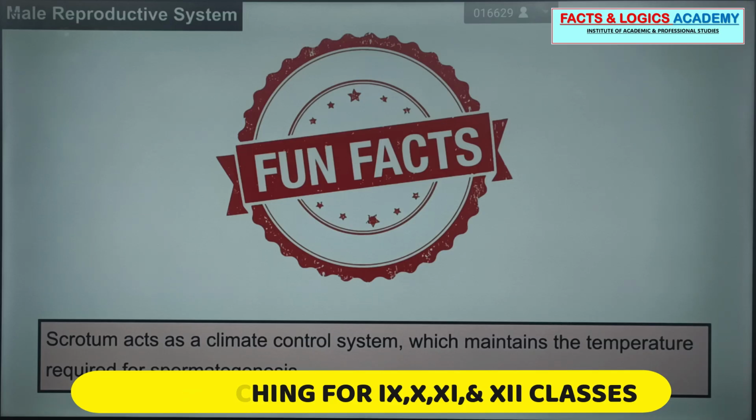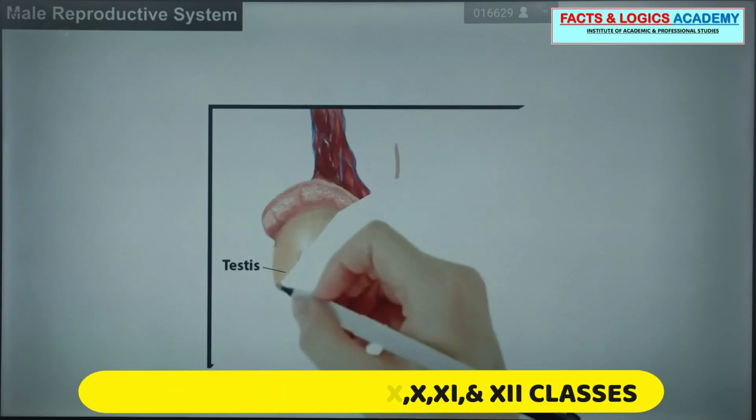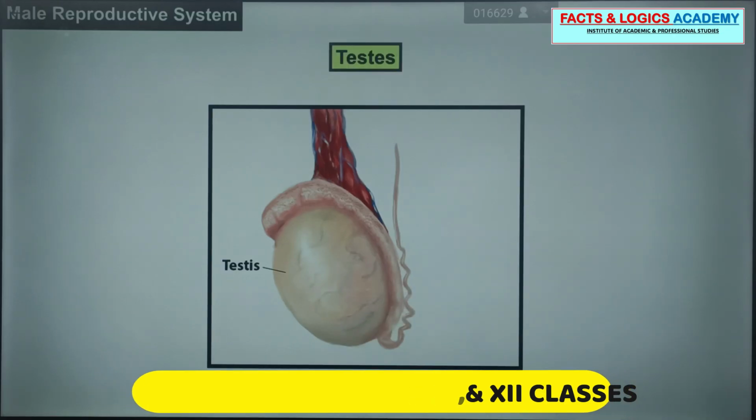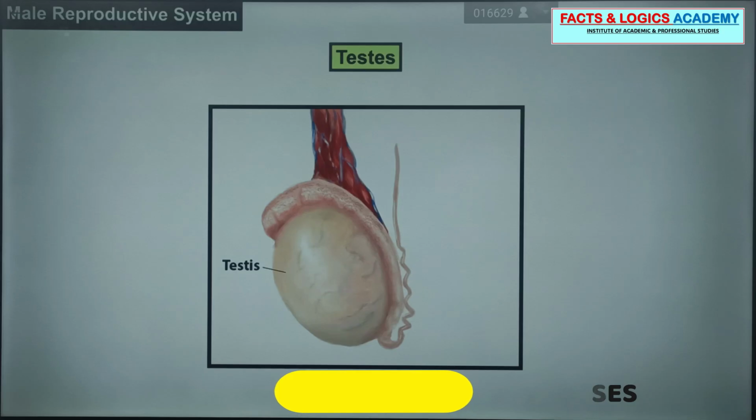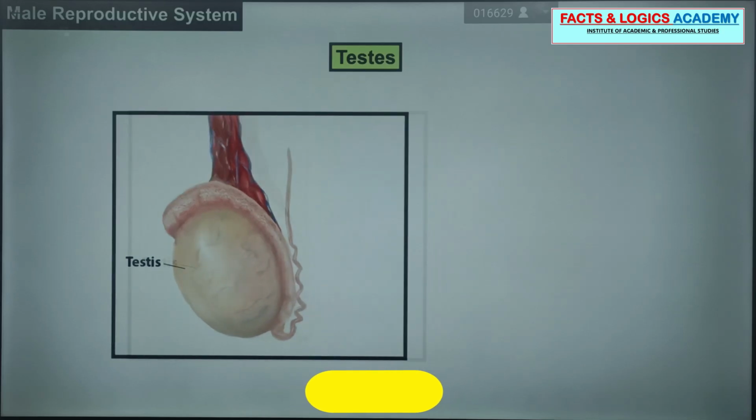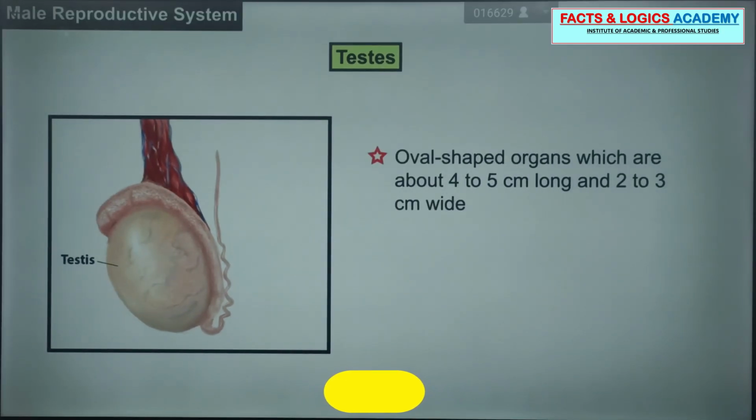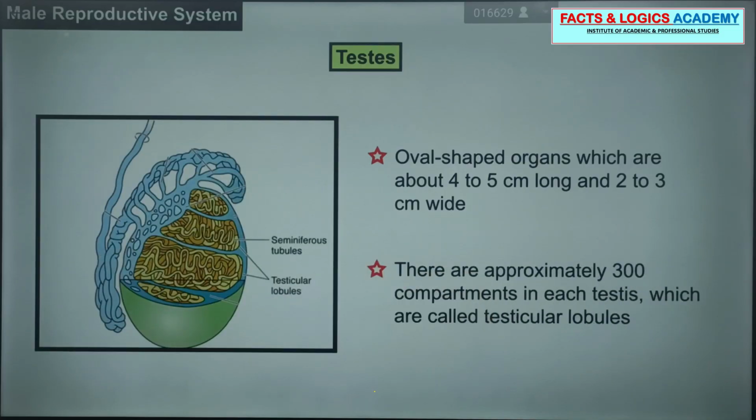Now let us understand the structures of all the organs in detail. Firstly, let us discuss about the testes. Now, here comes the obvious question. What are testes? Well, testes are oval-shaped organs which are about 4 to 5 centimeter long and 2 to 3 centimeter wide. It consists of numerous compartments called the testicular lobules.